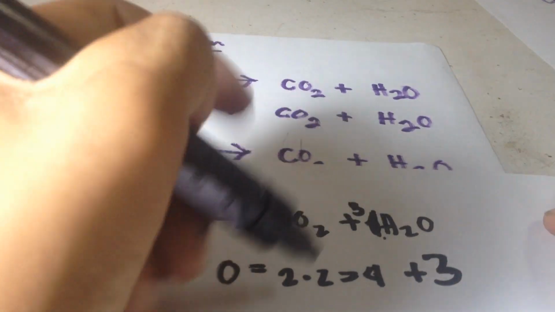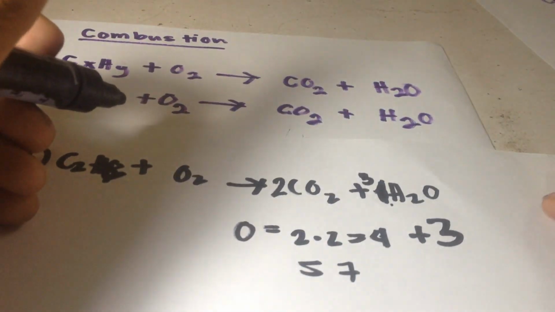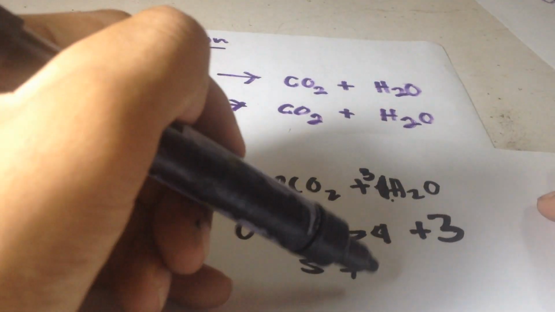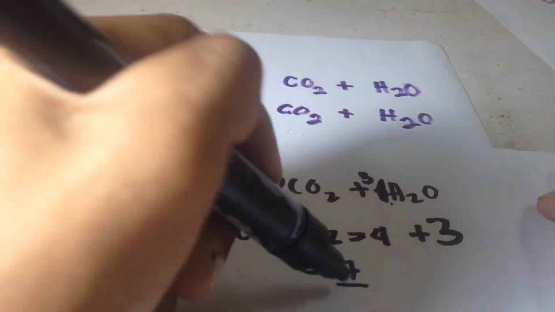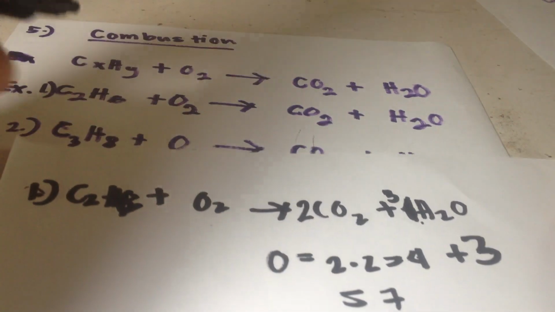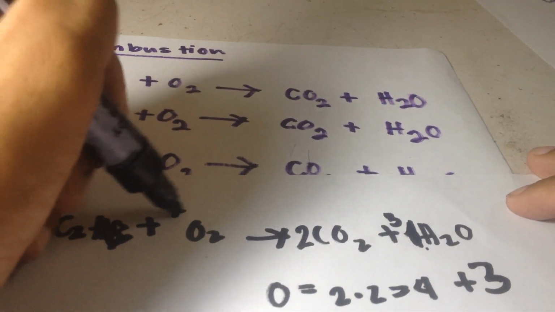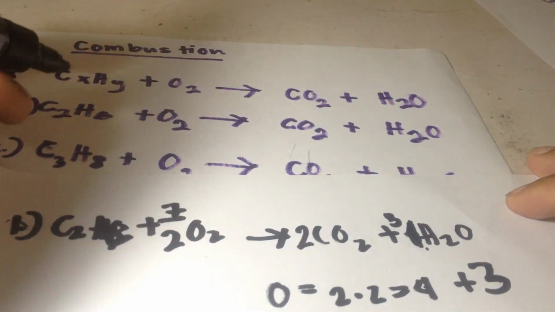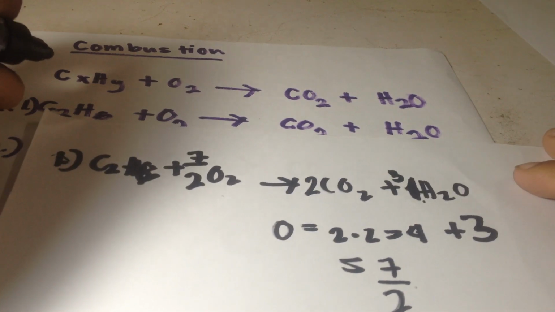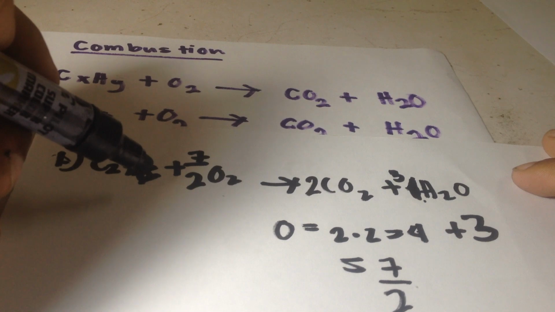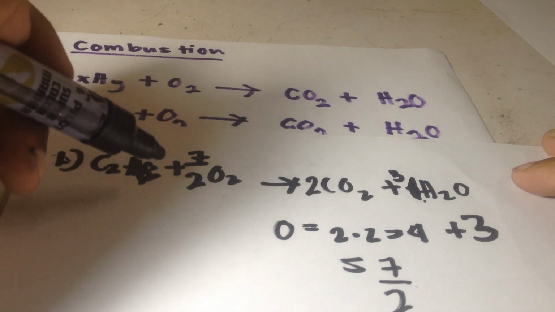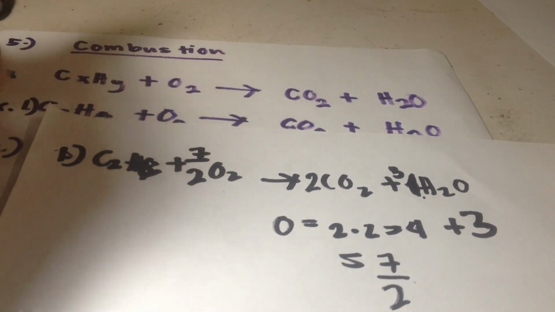So 4 plus 3 is equal to 7. And then 7 divided by 2 equals 7 over 2. So you need to put a 7 over 2 here. Okay? Did you get that? It's already balanced. C2H6 plus 7 over 2 O2 reacts to 2 carbon dioxide plus 3 water.